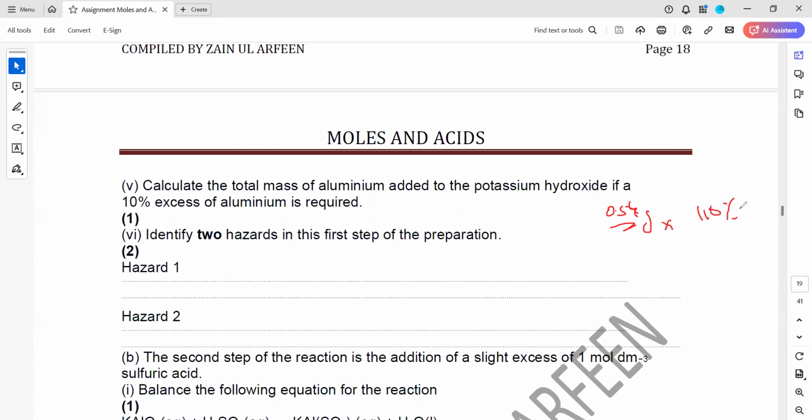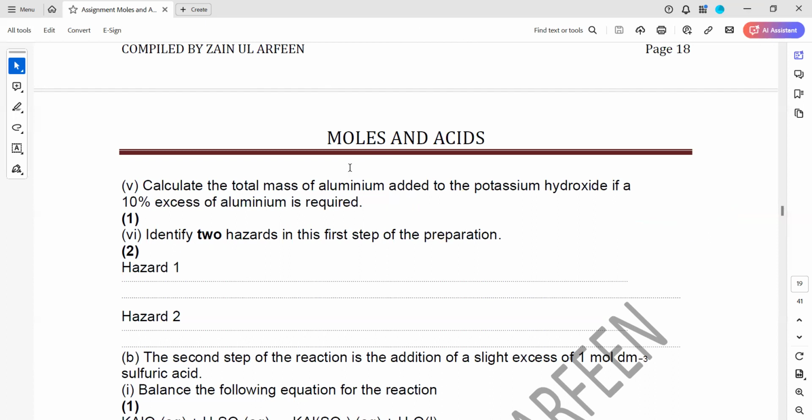First, you can find 10% and then add it to 0.54. That is one way of doing this question. The second way, you can just take 110% of this: 0.54 multiplied by 110 divided by 100. That will be 0.59 grams.